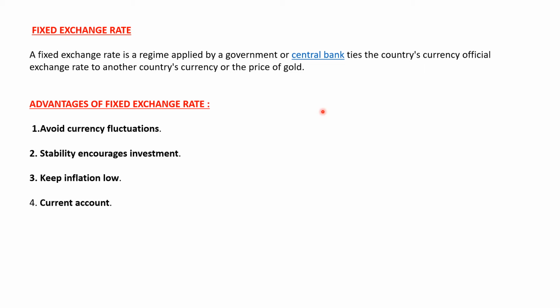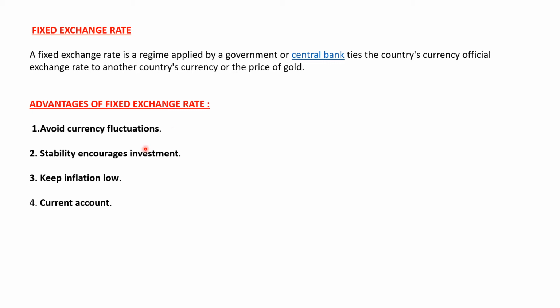The first one is, the fixed exchange rate avoids currency fluctuation. If the currency value fluctuates frequently, this can cause a problem for international trade.